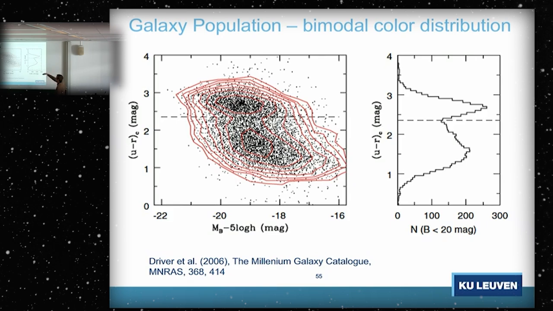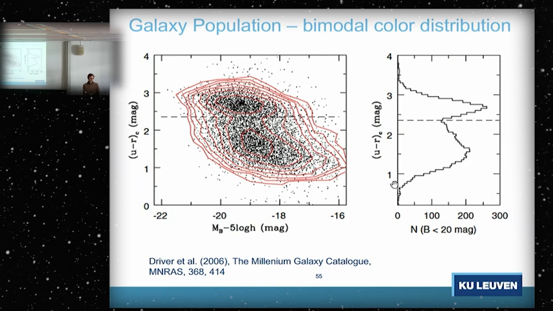So here you see the color magnitude, and you can see that galaxies are not arbitrarily, randomly occupying the full space, but rather they are centered around two groups. So these are contour plots, so it's a denser concentration up here, there's a denser concentration up here, and if you just now put the color there, and the number counts here, then you can see that indeed what you get are two peaks.